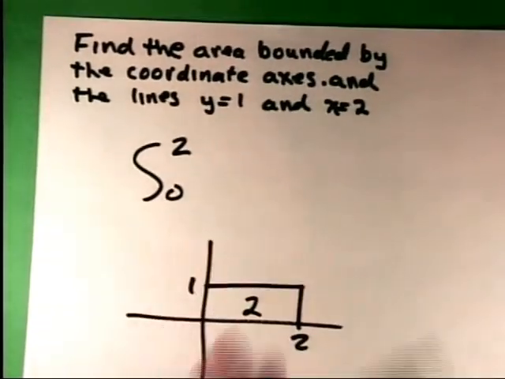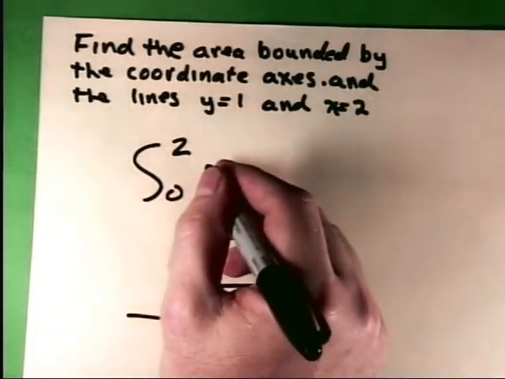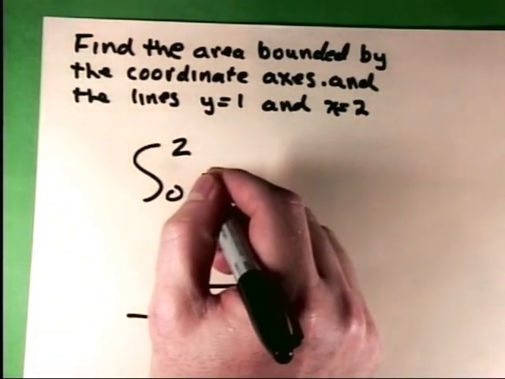Okay, how would we do it if we did want to integrate, because it is the area under the curve? You'd integrate from 0 to 2 on the x-axis. Okay, but what would go over here?